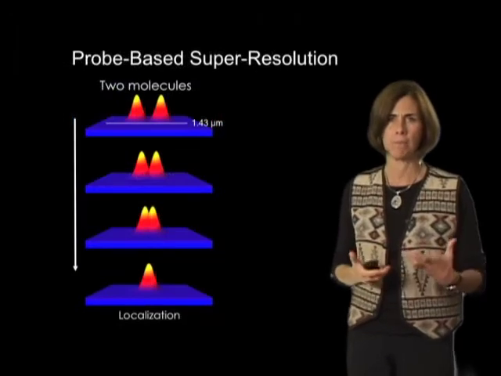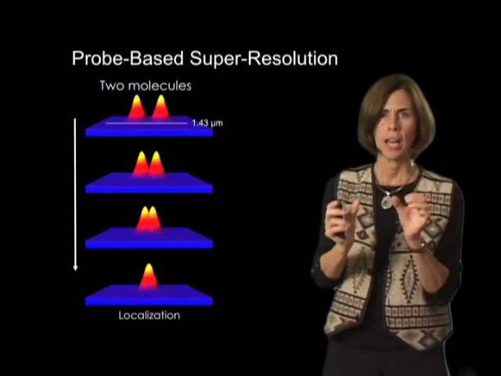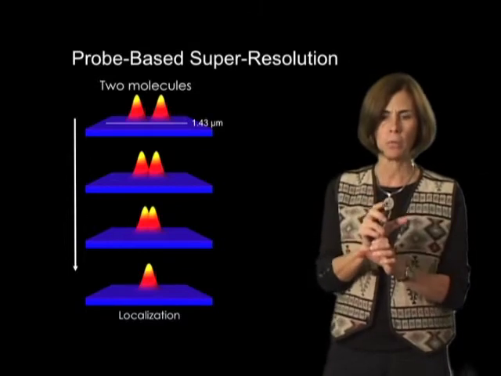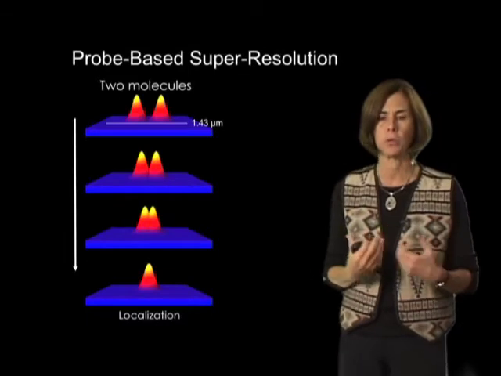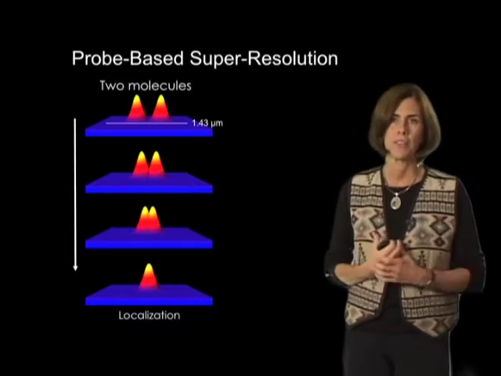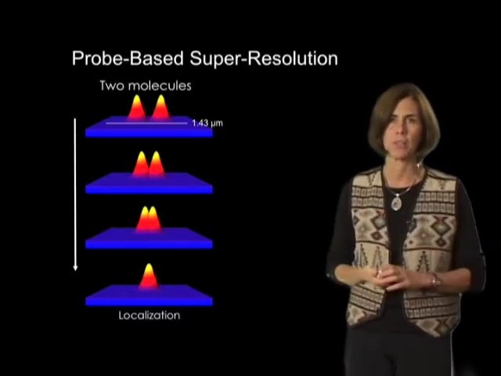Now, the problem comes if you're interested in looking at more than one molecule in a dense population. And this is what's typical for how molecules are distributed within cells. They are densely packed within cells.